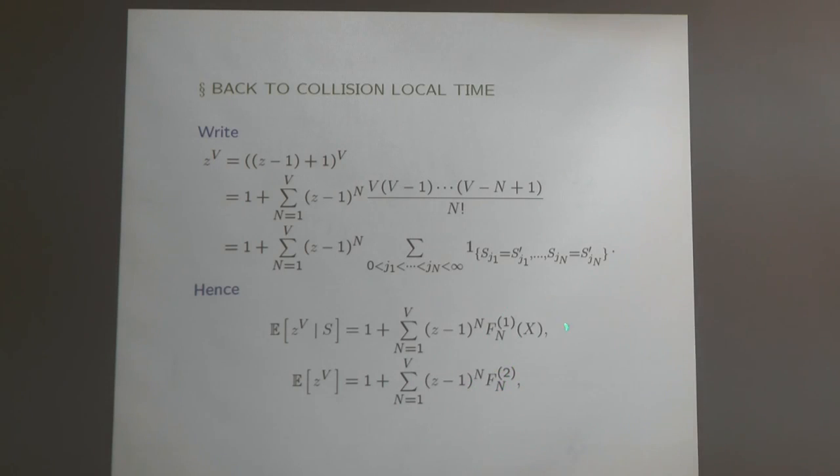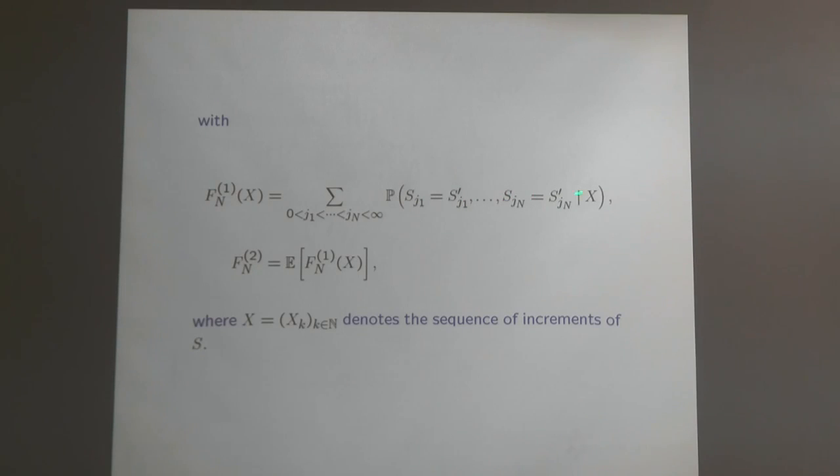This thing is the expectation of that object over X, and what that object is, you freeze the first walk S, and now you require that the other walk hits that walk at exactly the times J1 up to Jn, and then you sum over all possible outcomes of the J1 to Jn, because you're saying I didn't care when these collisions were going up.